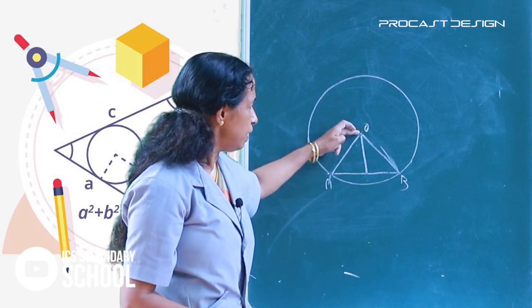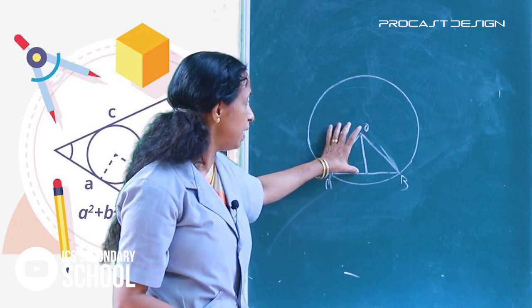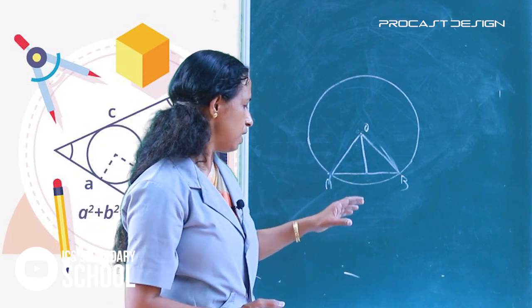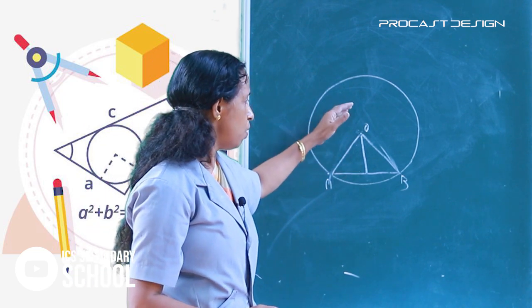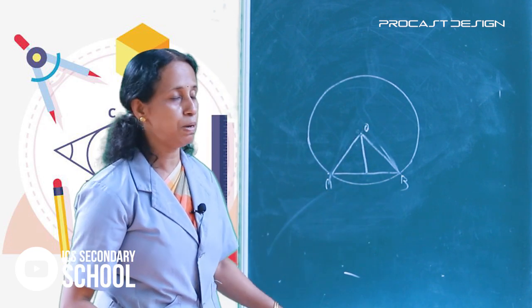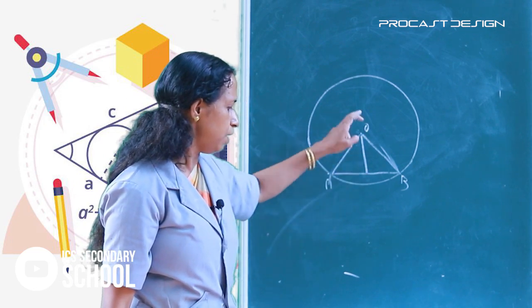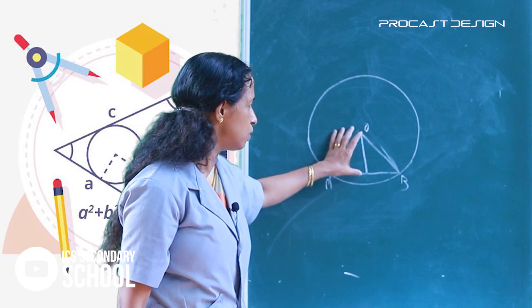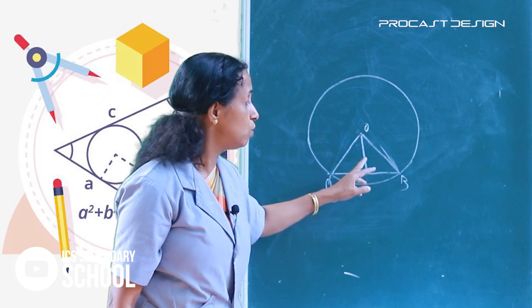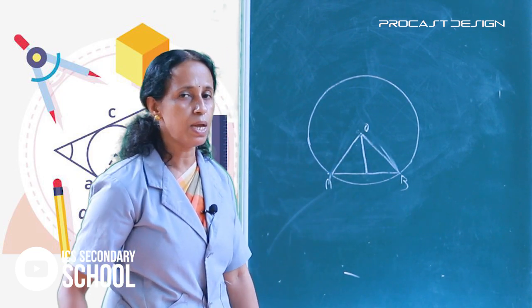Second, the line joining the midpoint of the base and the third vertex is perpendicular to the base. The third vertex is on the perpendicular bisector of the base.